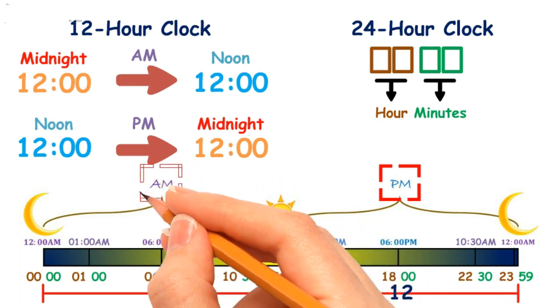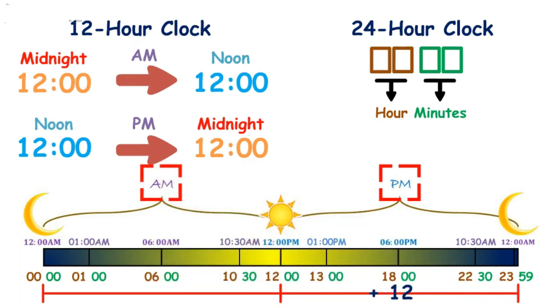When we convert AM into 24-hour clock, we don't need to add any number. Just 1 AM equals 0100 in the 24-hour clock. Or 10:30 AM equals 1030. And, when we convert 24-hour clock to PM, we subtract 12.